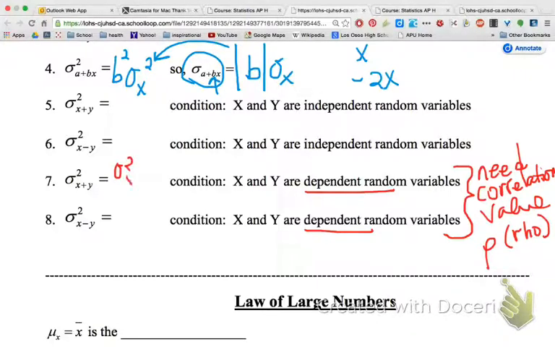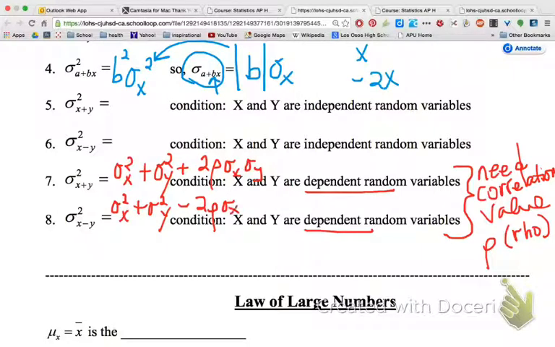And so the formula is, I'm still adding together their individual variances, and on the sum, I'm going to add in the correlation value times the product of their standard deviations. Versus on the difference, just like up above, I would still be adding their variances, but this time I would subtract 2 times the correlation value times the product of their standard deviations.